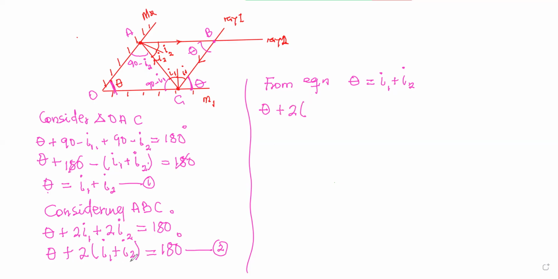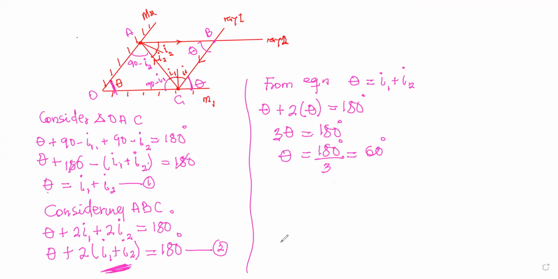So we have 3 times theta giving us 180. Therefore, theta is 180 degrees divided by 3, which is equal to 60 degrees. This is the result to the work set I gave.